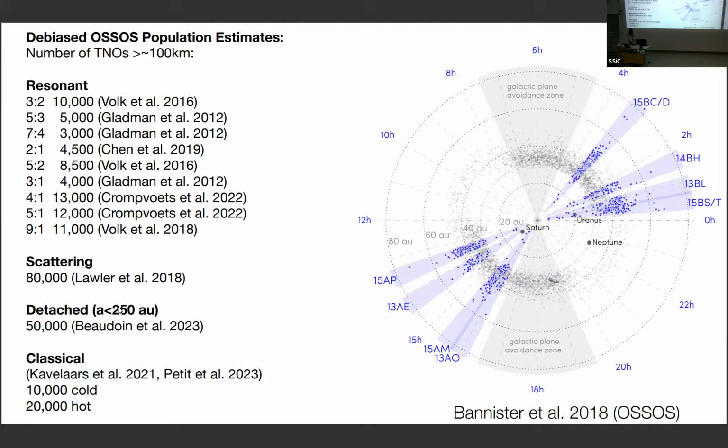It is pretty numerous. This is the least well observationally constrained population because they have a closest approach to the sun that is pretty far, so we don't detect them as often as the things that come in closer. So there's a huge asterisk on this particular population estimate because it is a difficult population to model. But it's probably comparable in number to the scattering population.